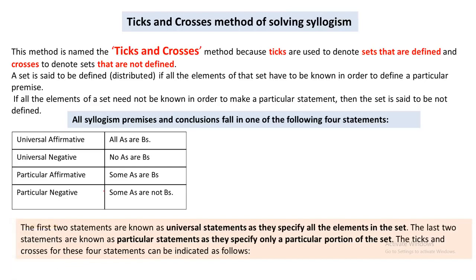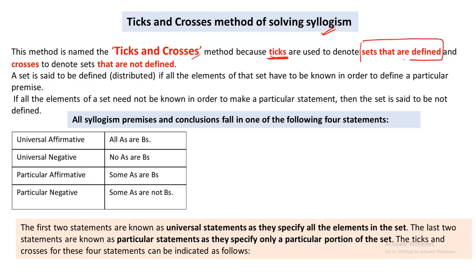There are some basic things that you need to understand for using the tick and cross method for solving syllogism. This method is called tick and cross because we use ticks and crosses. Where are ticks used? Ticks are used to denote sets that are defined.